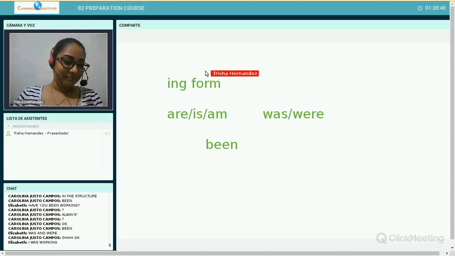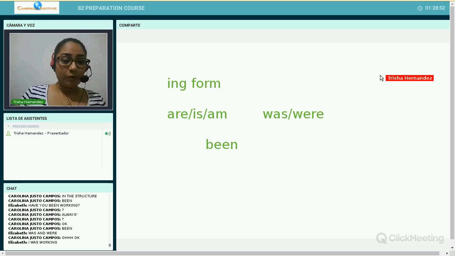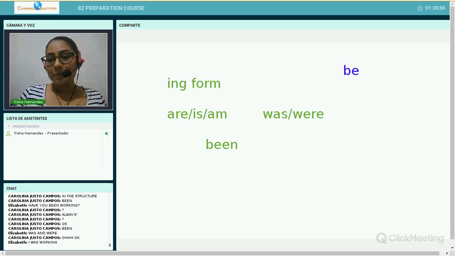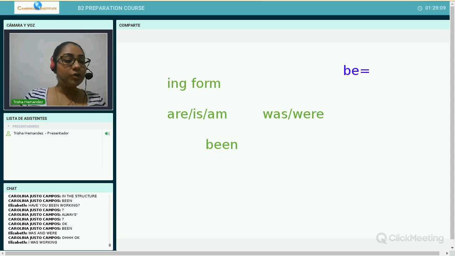Okay, so if an example, we get to see that's what I was explaining to you. We get to see the be in one of our examples. We have to use the ing form of be, so I'm going to write being.